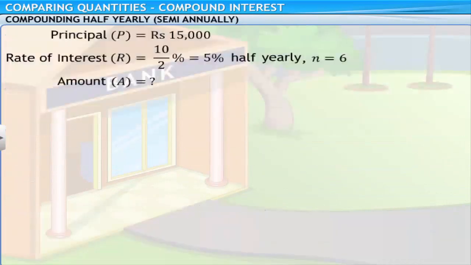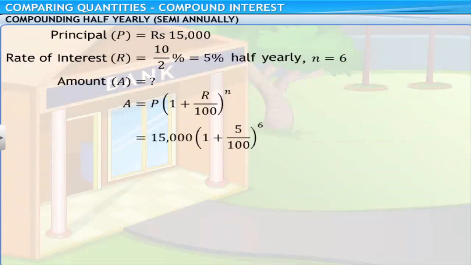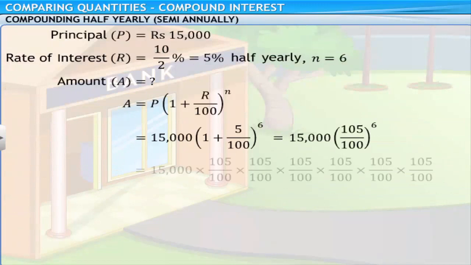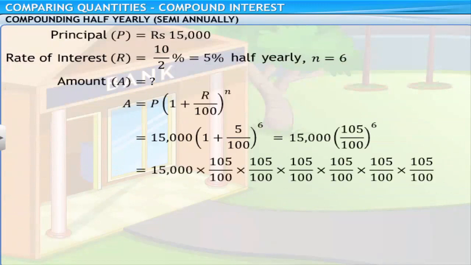Now, let's find amount A, which we will get at the end of 3 years. Substituting the values of P, R and N in the formula, A is equal to P into (1 + R/100) to the power N. We get 15,000 into (1 + 5/100) to the power 6. On simplification, we get 20,101.43 rupees.